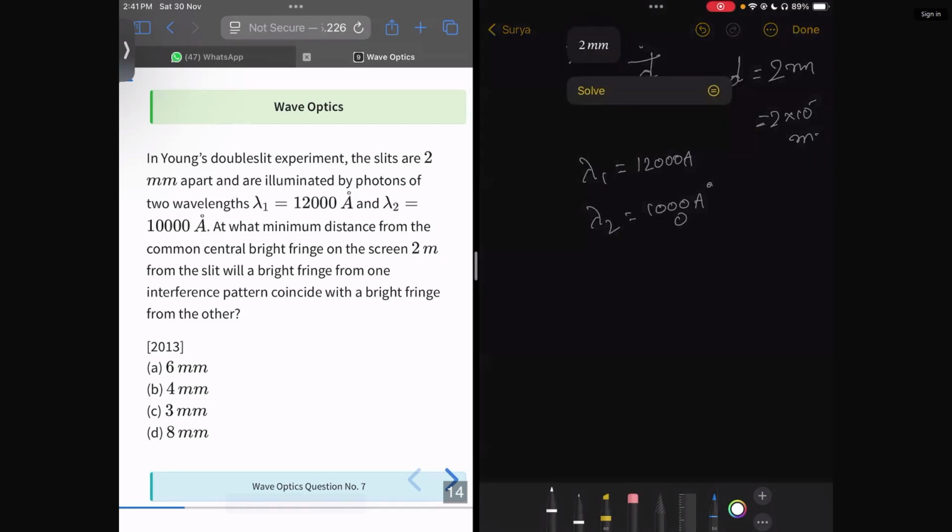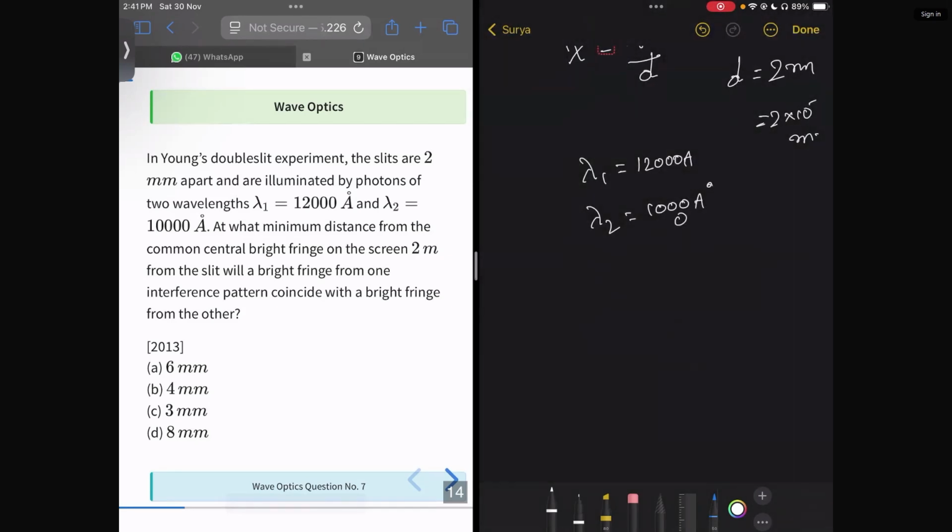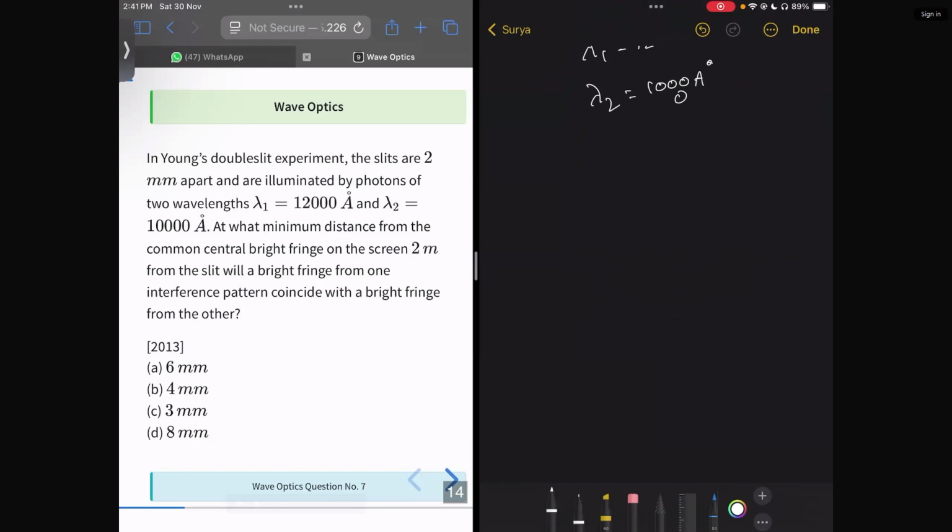Now using this formula for lambda 1, x1 will be lambda 1 D by small d.